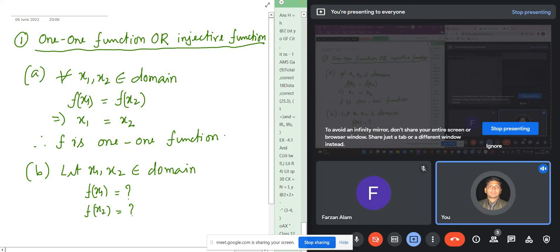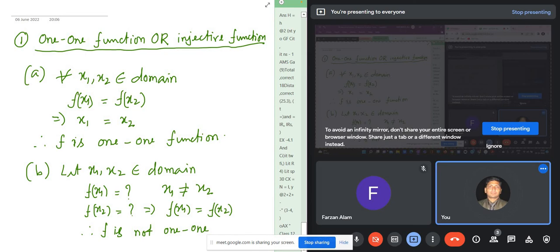If you get both equal, that means f(x1) equals f(x2), then you can say that f is not 1-1, or not injective.